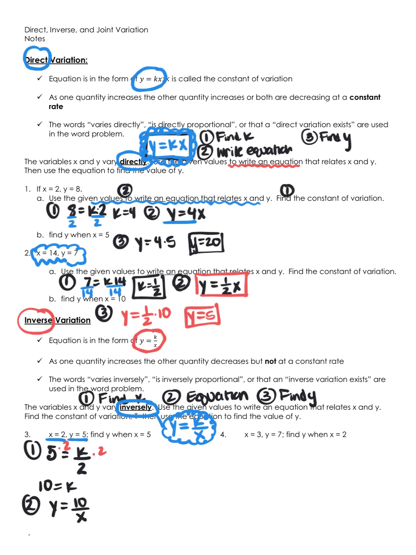So then lastly, you're going to find y, because they say find y when x is 5. So plug in x equals 5. Ten divided by 5 is 2, so y is equal to 2.